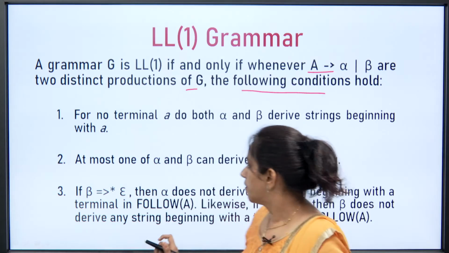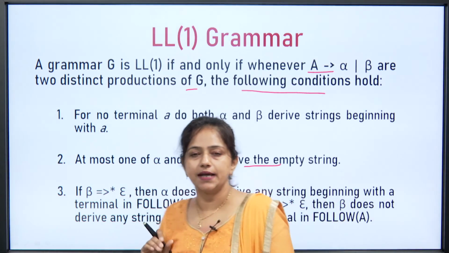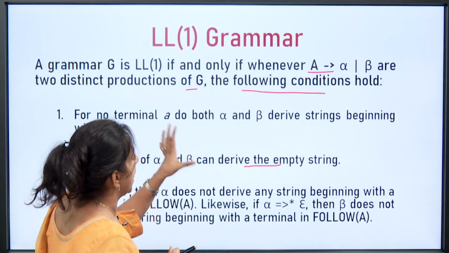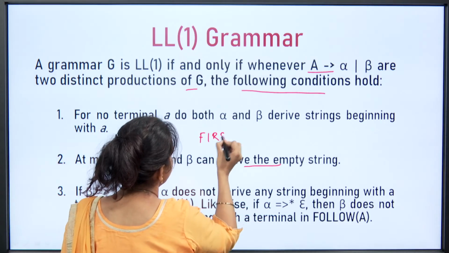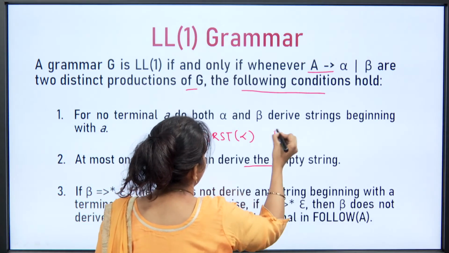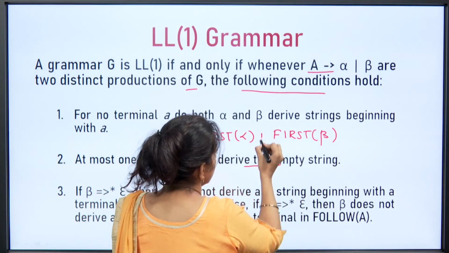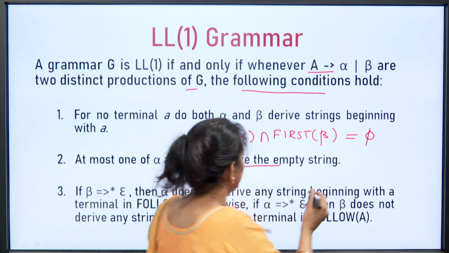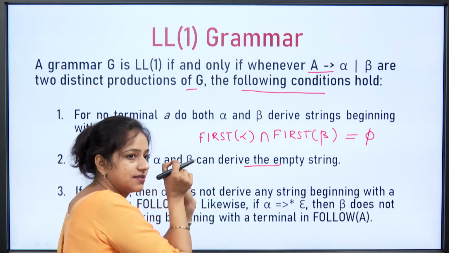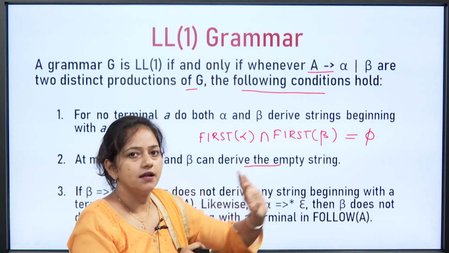Second, at most one of alpha and beta can derive the empty string. So, a grammar will be LL1 if we obtain first of alpha and first of beta, and the intersection of both sets is equal to phi, meaning the first symbols of strings derivable from alpha and beta should be null.